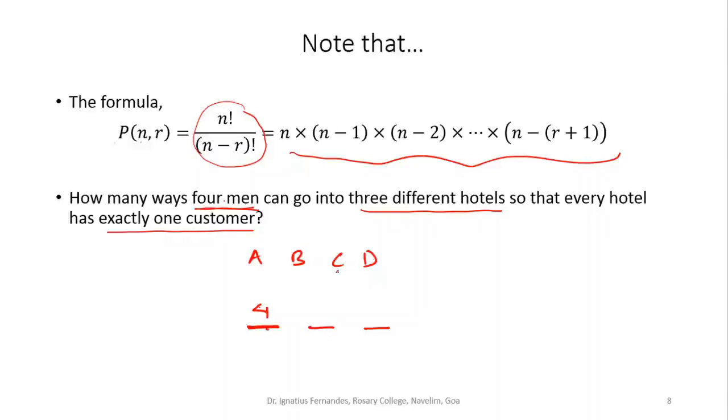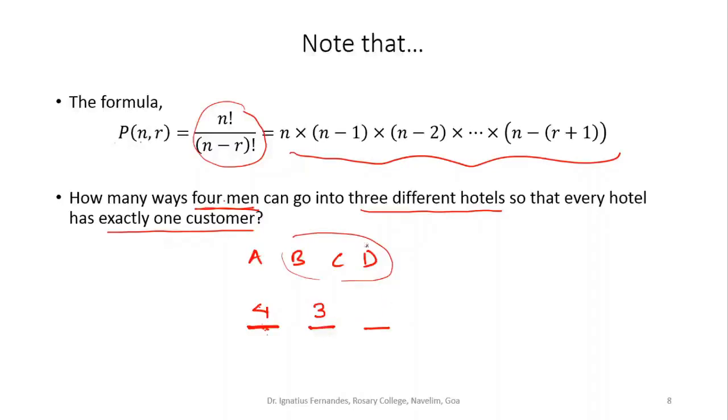One person will go here. Then for the next hotel, I'll have only 3 men available, because one person has already gone to the first hotel.